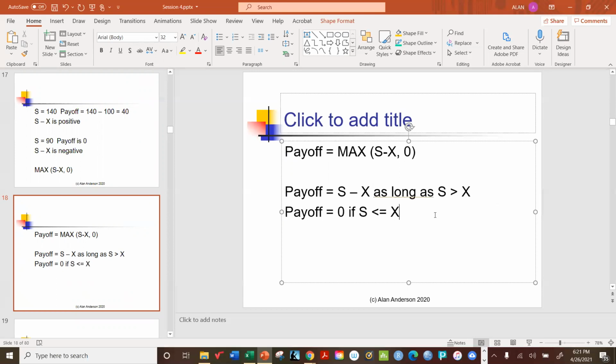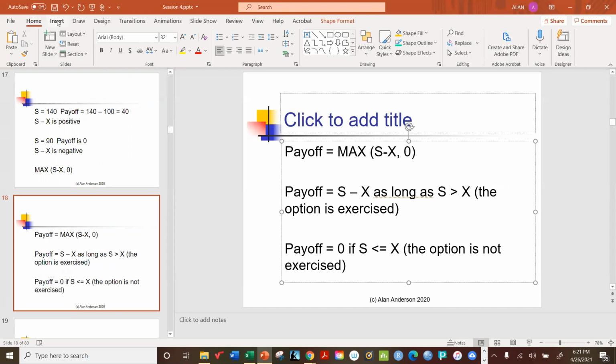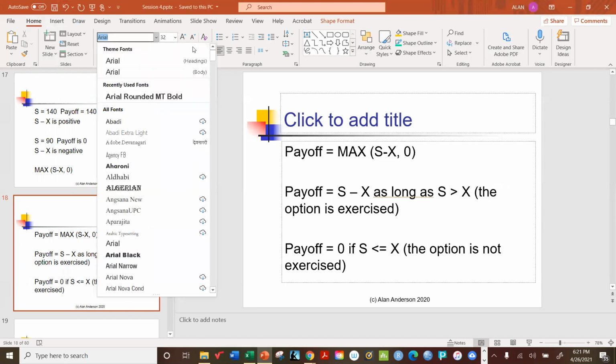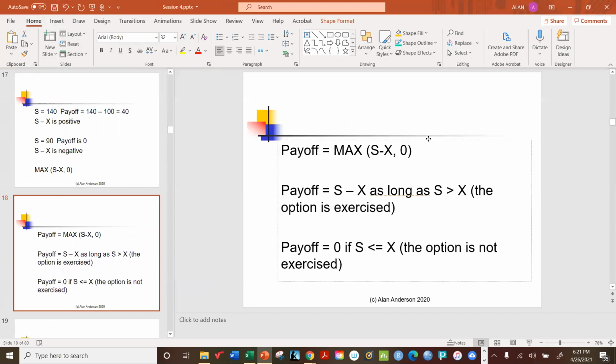And so here, I'll put in parentheses, the option is not exercised. Here, the option is exercised. All right, so that's that one. So that's what the payoff is all about.